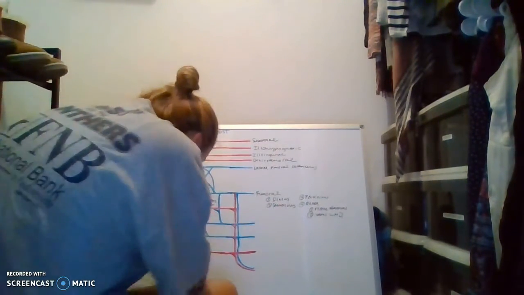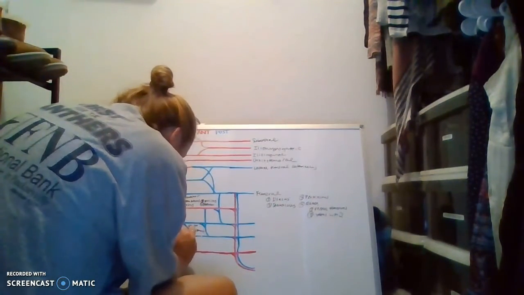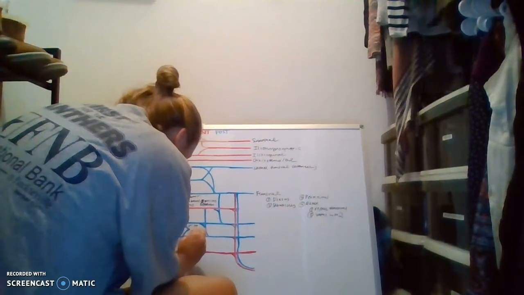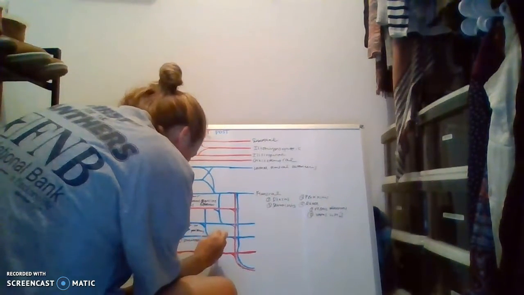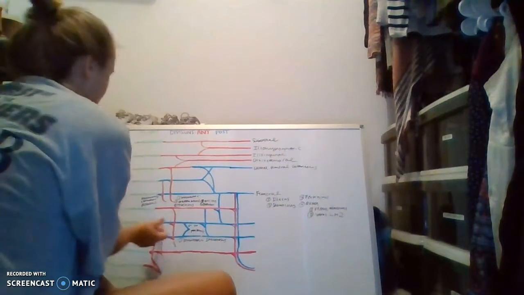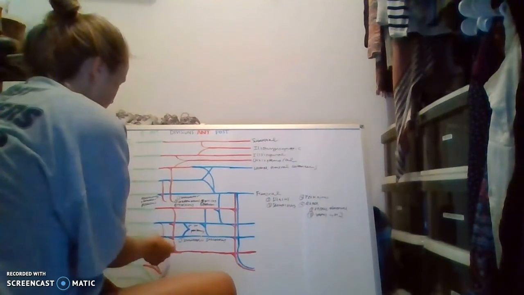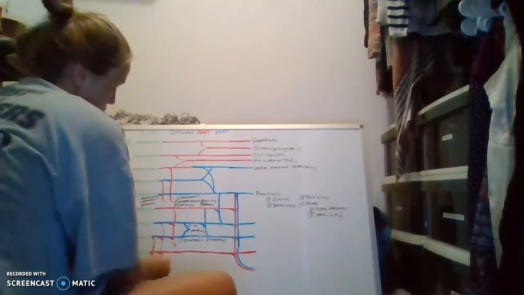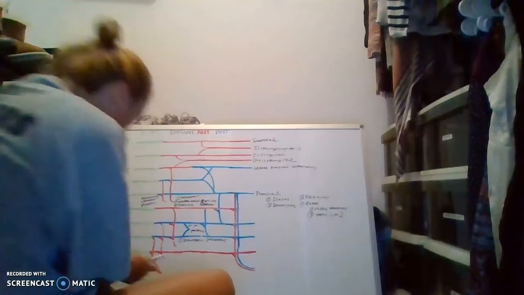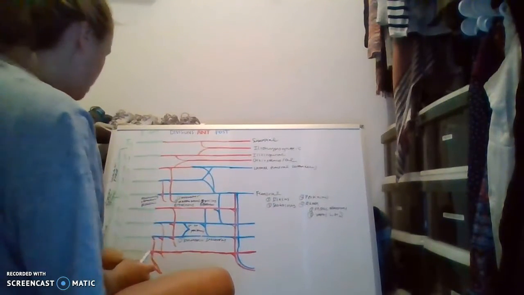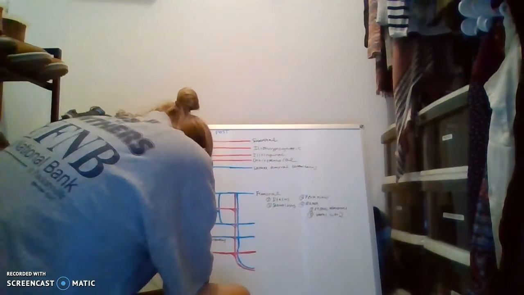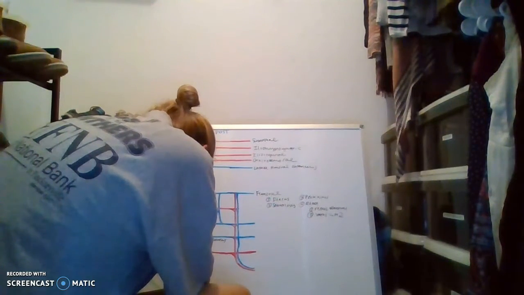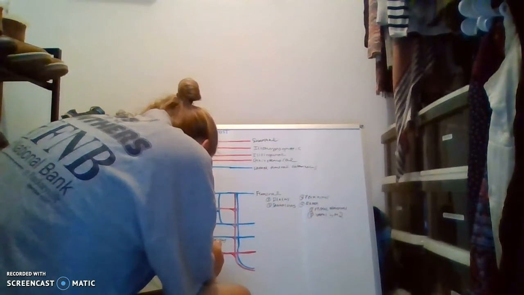You're going to have your obturator internus down here. And that's going to be coming from L5, S1, and S2. And then from your S1, S2, and S3, you're going to have your nerve to quadratus femoris.